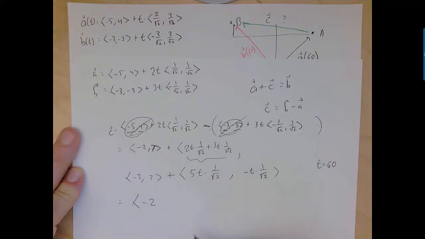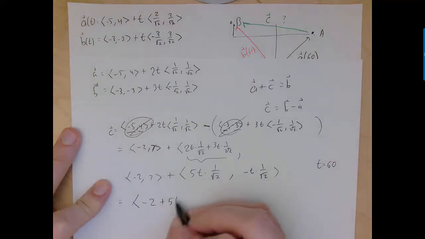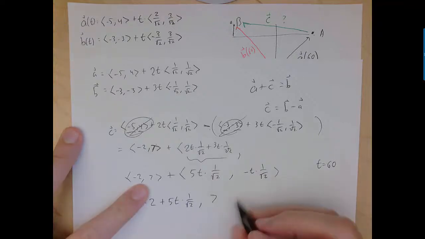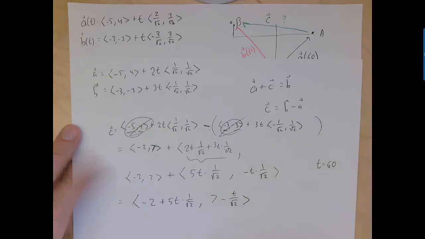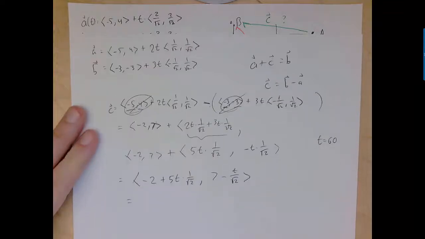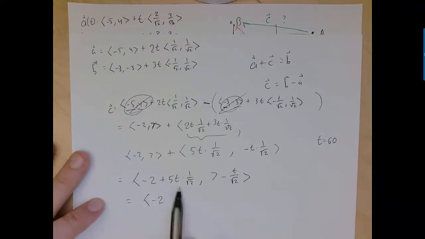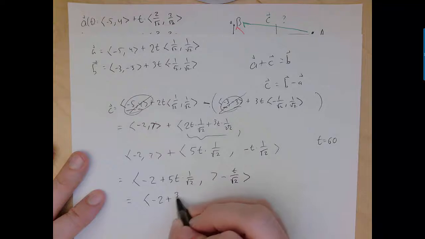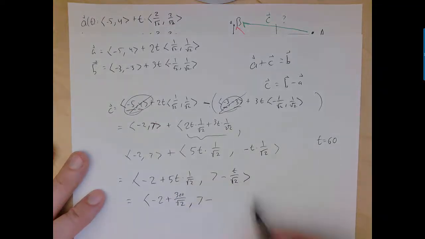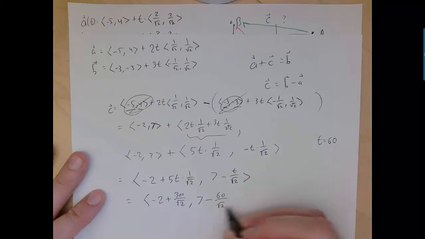So I've got negative 2 plus 5t, 1 over root 2. And here I've got 7 minus t over root 2. Did that cover everything? Yeah, all right. And now I can plug in 60. So 60 times 5 is 300. And then this is 7 minus 60 over root 2.